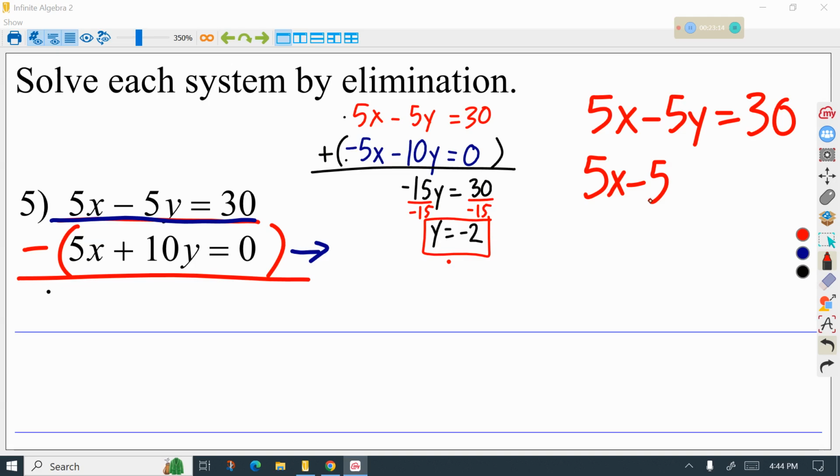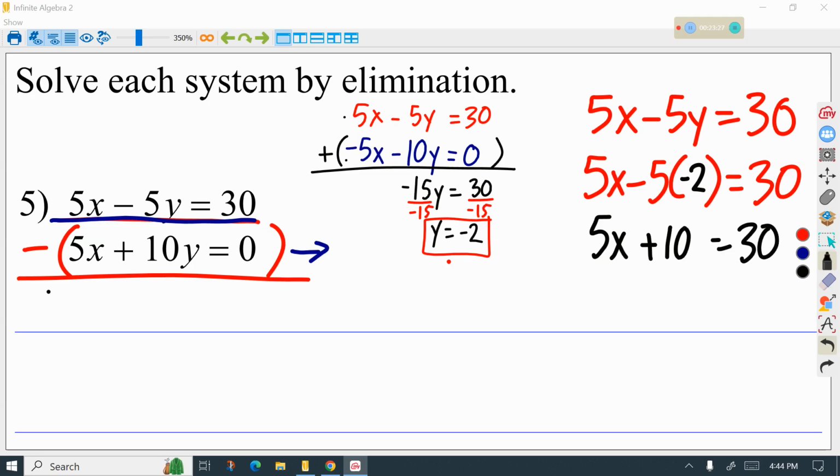So I'm only going to change the y into blank parentheses, and what goes in there is negative 2. So now we get 5x, negative 5 times negative 2 makes positive 10, and then we get 30 right here. Now if I see this two-step equation, I'm going to have to take 10 from both sides, which gives me 5x equals 20.